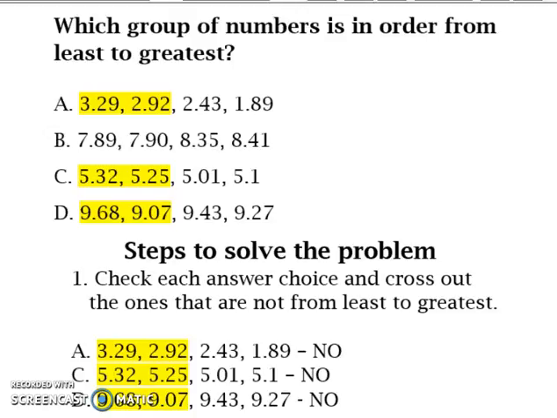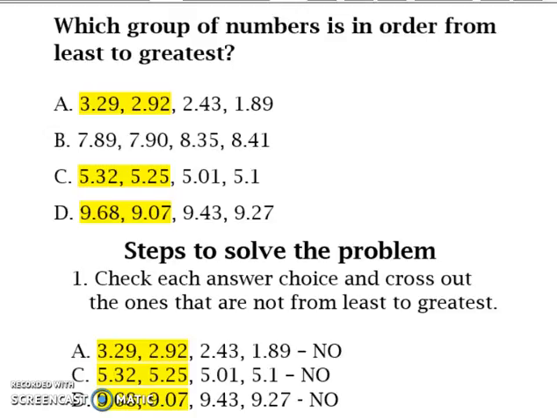D, we start with 9.68 and then 9.07. We know that this isn't our answer choice because both of our whole numbers are 9. However, 0.07 is smaller than 0.68.